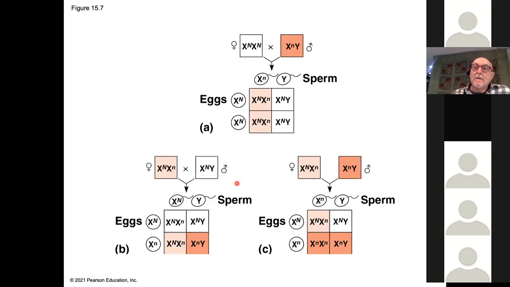Have a look here. This is why these carrier females appear normal. Just imagine, I know that we did this pedigree as if it was for color blindness, but this could as easily be for hemophilia or anything else. Let's just say it's for hemophilia.